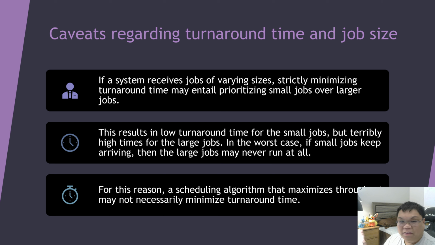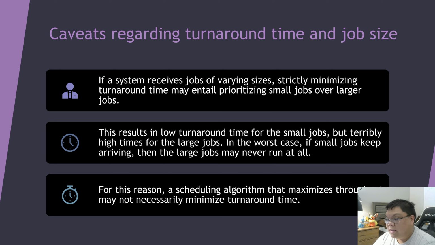So if you want a good scheduling algorithm for a batch system, you might not want to minimize turnaround time. Because if we want to minimize turnaround time, let's just do all the small jobs. And no work gets done on the large jobs.